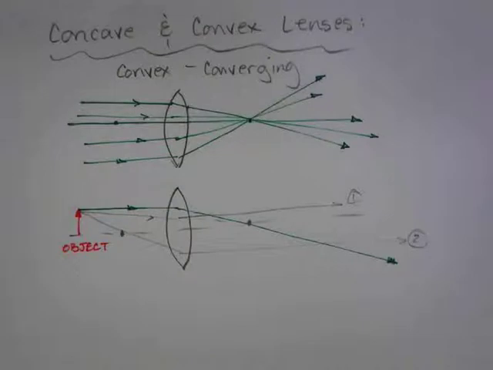No, this one was aiming through a focal point. Which one is converging, which one is diverging? Yes, it's the second one. So, pulling the light in, converging the light. This one, diverging, pulling it away from the principal axis.